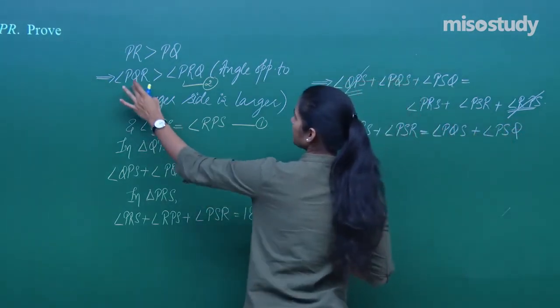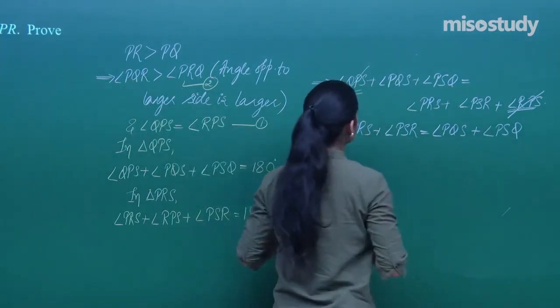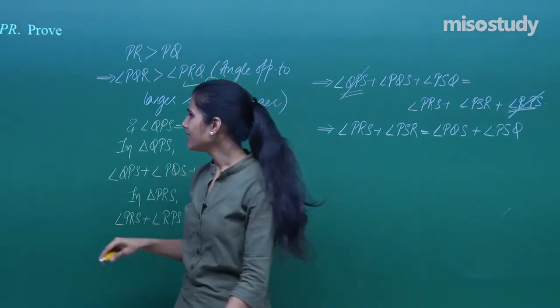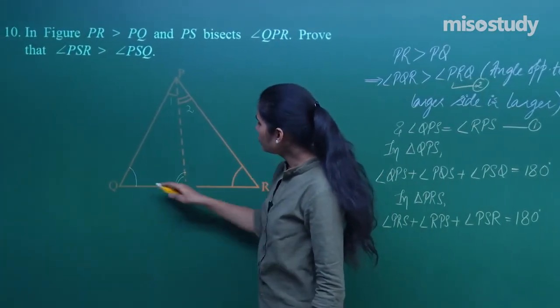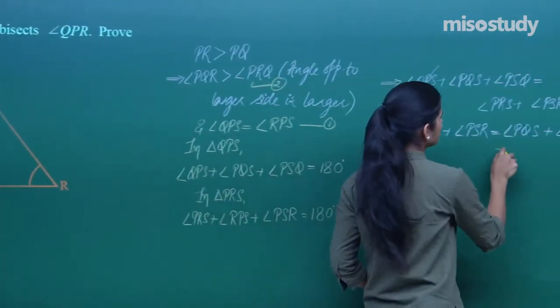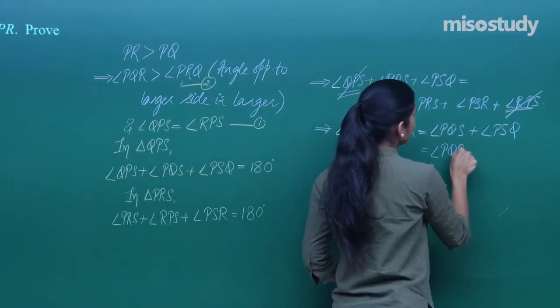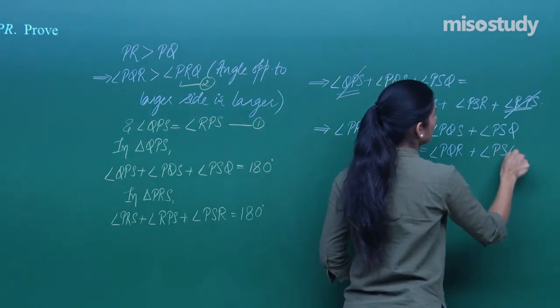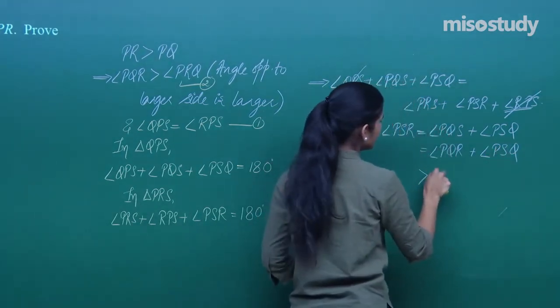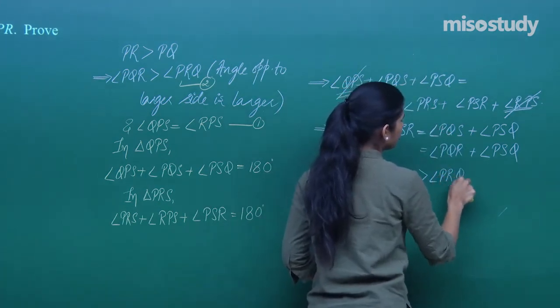I am given that PQR is greater than PRQ. Now PQS is same as PQR, right? So this is same as PQR. And PQR is given greater than PRQ. So this is greater than PRQ.